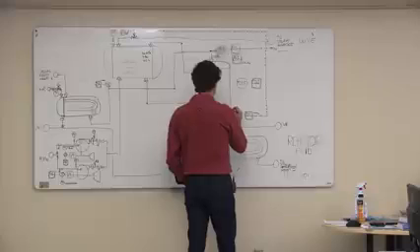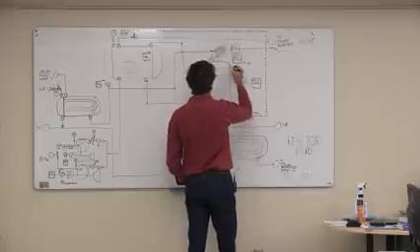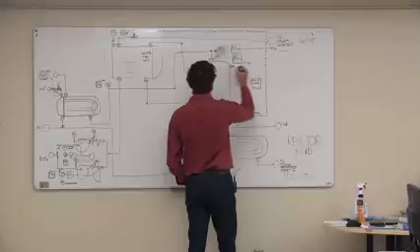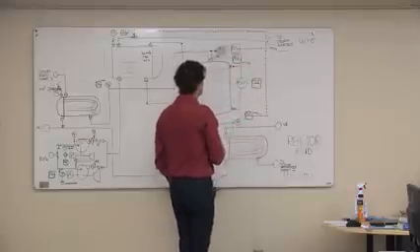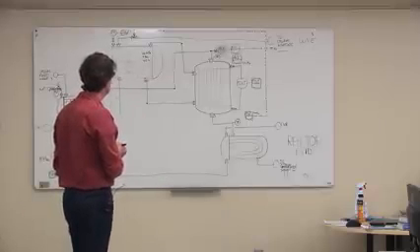And we might as well just pick it right up off the reactor itself, like that. Put some valves in so we can isolate it if we want to. There we go. That gives us some insight into what's happening in the reactor.